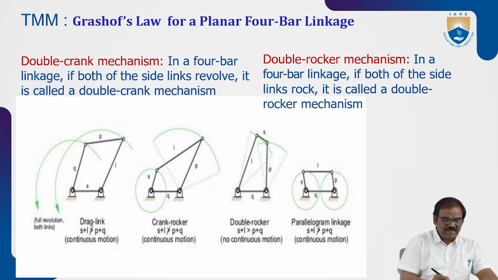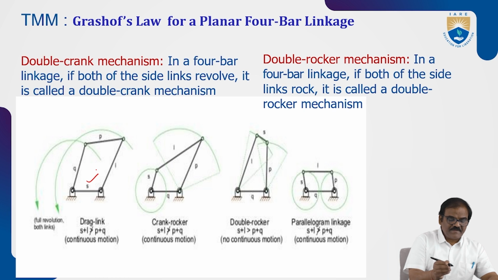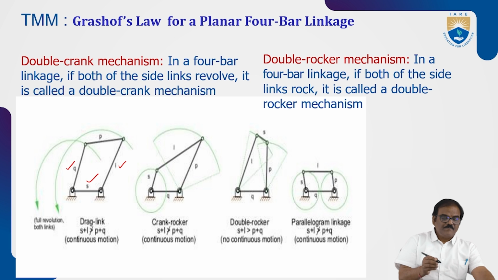So here if you see, the shortest is fixed, then adjacent are L and Q. Then the link Q can make a complete revolution, full revolution.